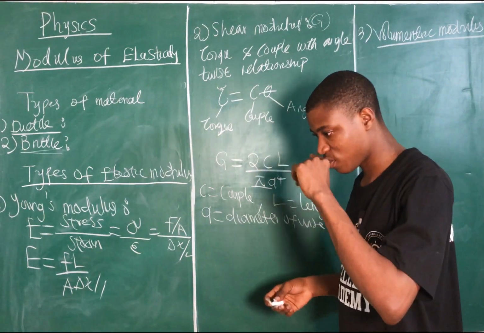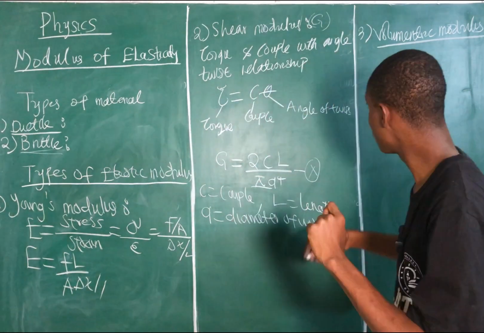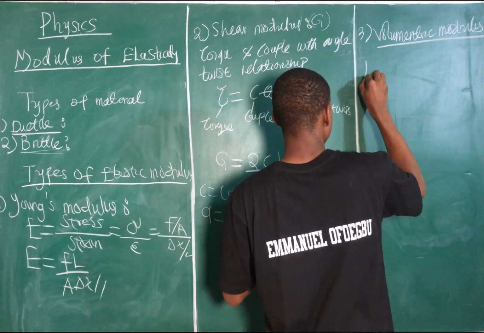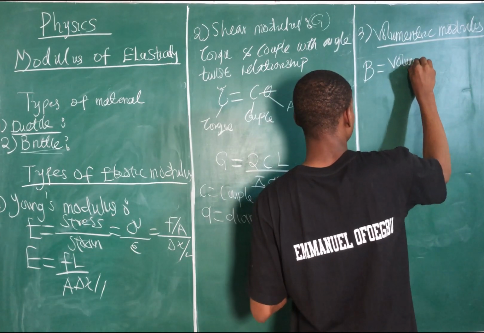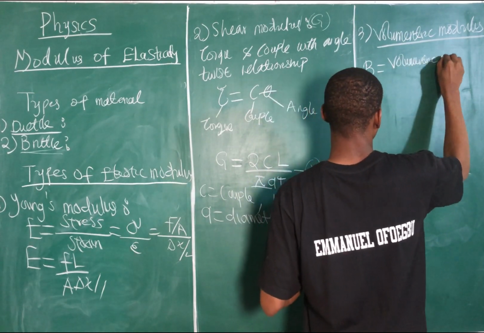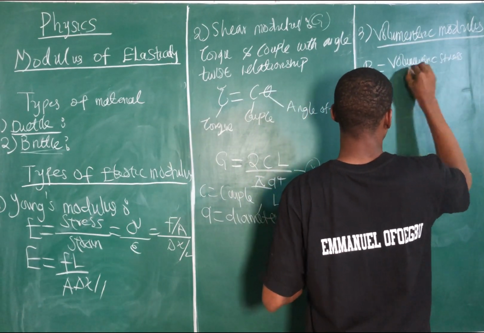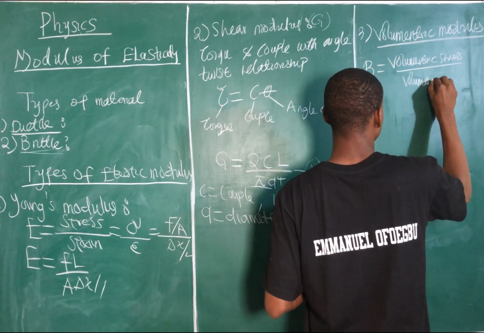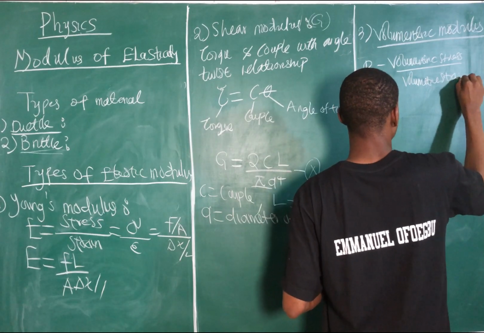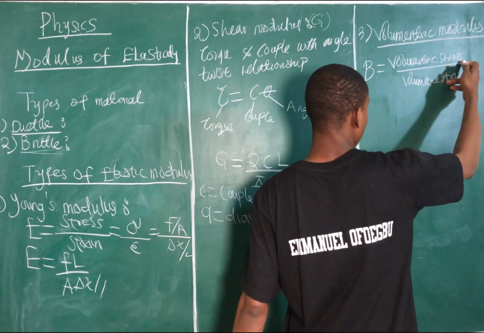Now take note, this is denoted by B. So we have B equal to volumetric stress all over volumetric strain. That's the concept.